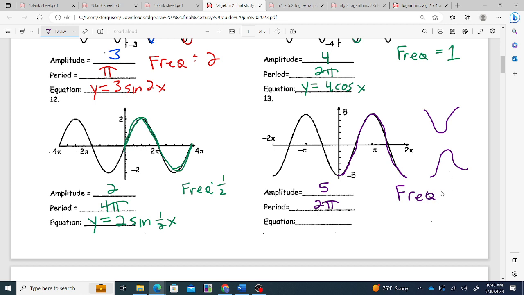It's not 1/2. It's y equals, like you said, negative 5 cosine x. Now, I'm going to tell you right now, none of these graphs had a phase shift or a vertical shift. Well, they had a reflection.